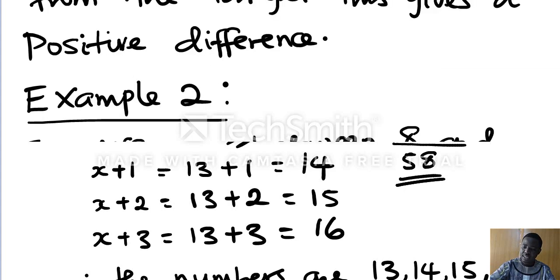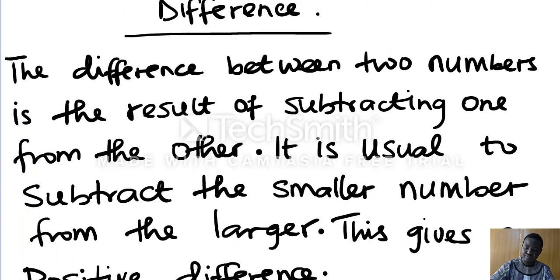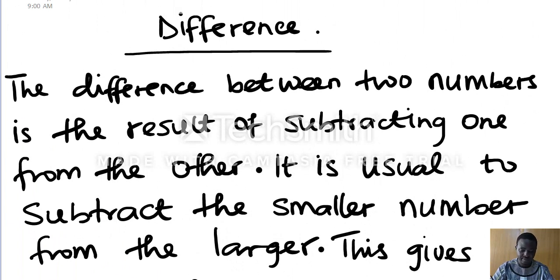Let's look at another. Next is difference. We have looked at sum. Now let's look at difference or differences, as it may be called. The difference between two numbers is the result of subtracting one from the other.